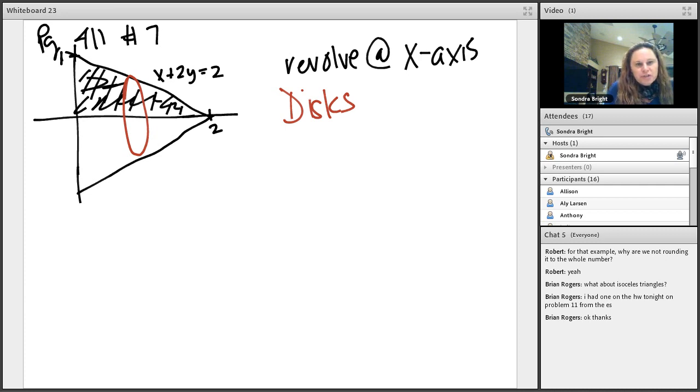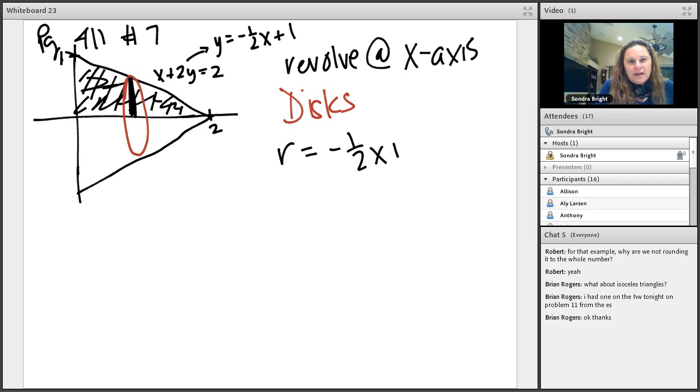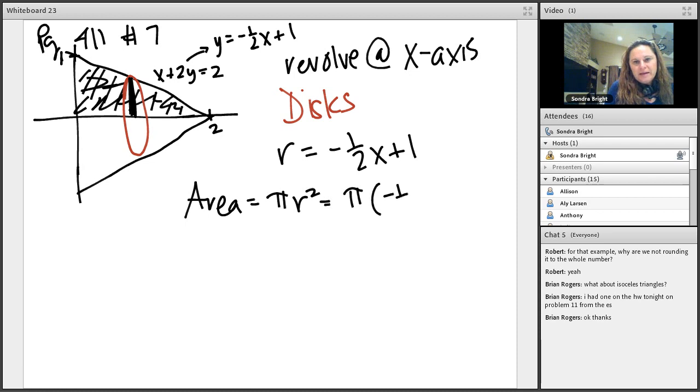All right, so what is your R? For each circle, your R is going to be this distance here. So let's solve for y. Then y will equal negative 1/2 x plus 1. That's actually what the radius will be of each of these circles or discs. The area of a circle is pi r squared, so it's pi times the quantity negative 1/2 x plus 1, squared.